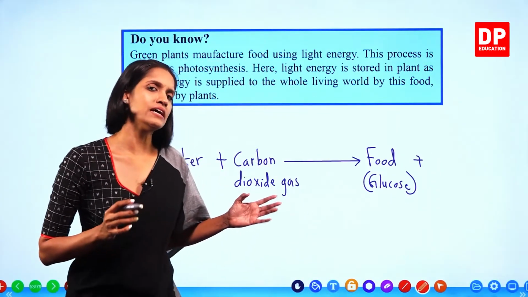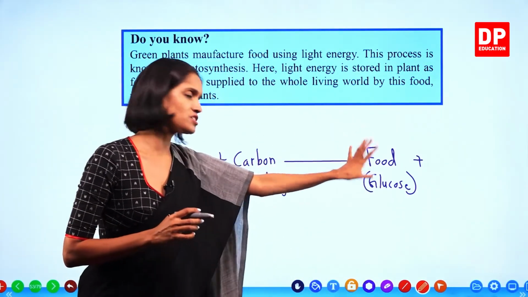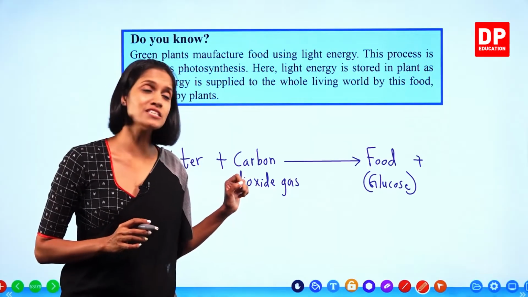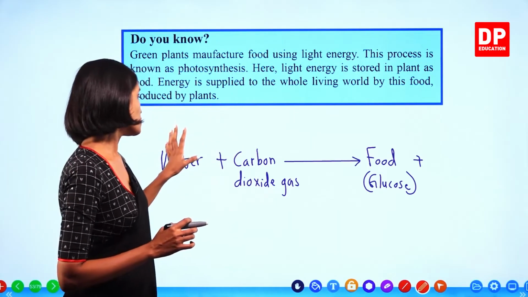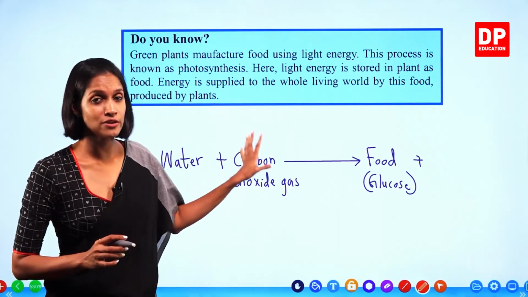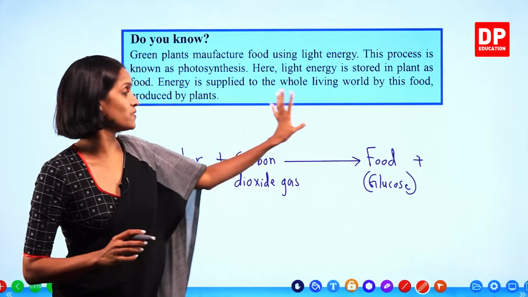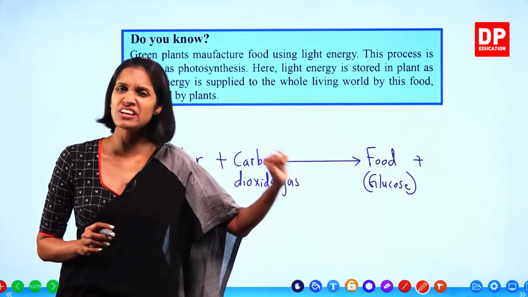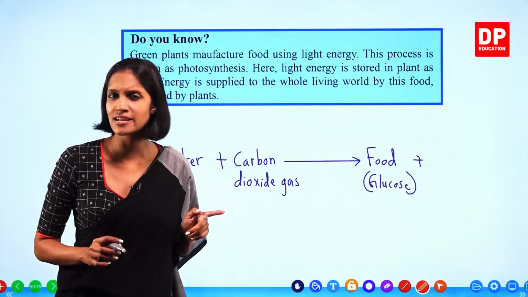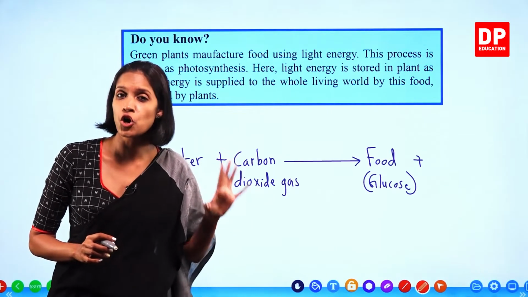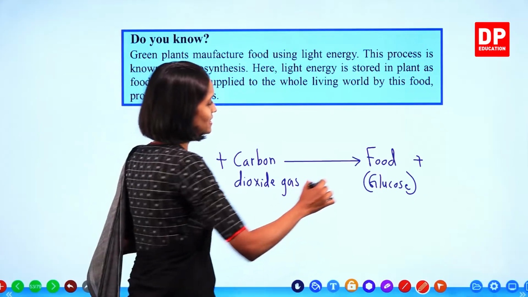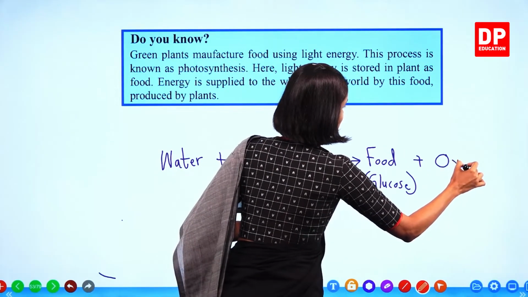So are there any other substances produced during photosynthesis? Now you all know water and carbon dioxide mix with each other and they produce food, and another very important byproduct. What is that, children? That is the oxygen gas, right? Oxygen gas.